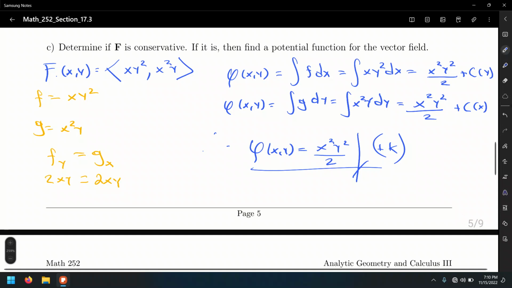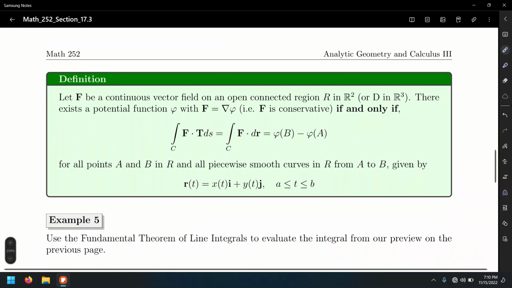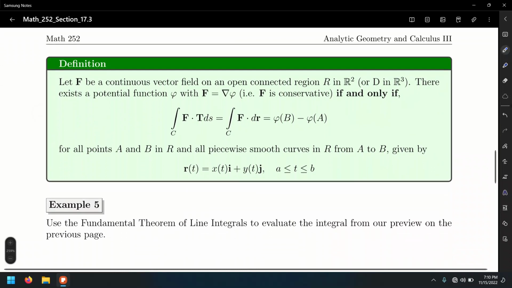And that connection, that idea, is formalized in the next page. And this is actually the fundamental theorem of line integrals that says that F is a continuous vector field on an open connected region R in R2 or R3, depending whether we're working on the 2D plane or the 3D space.